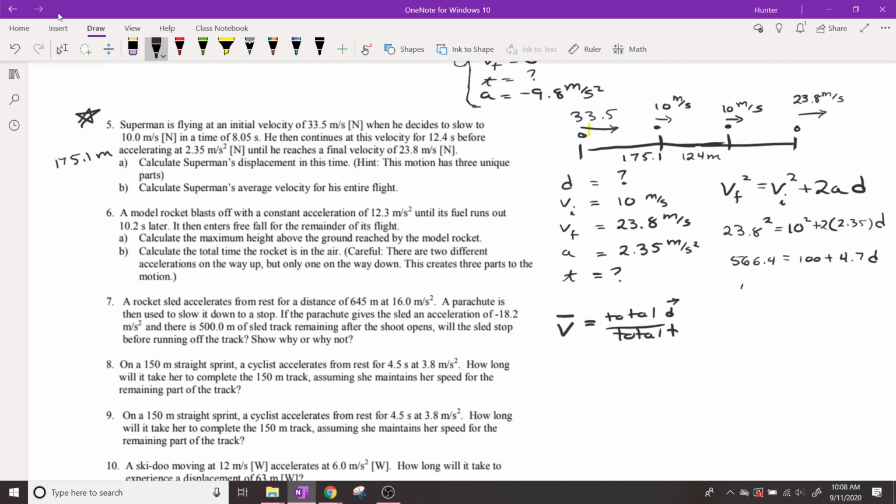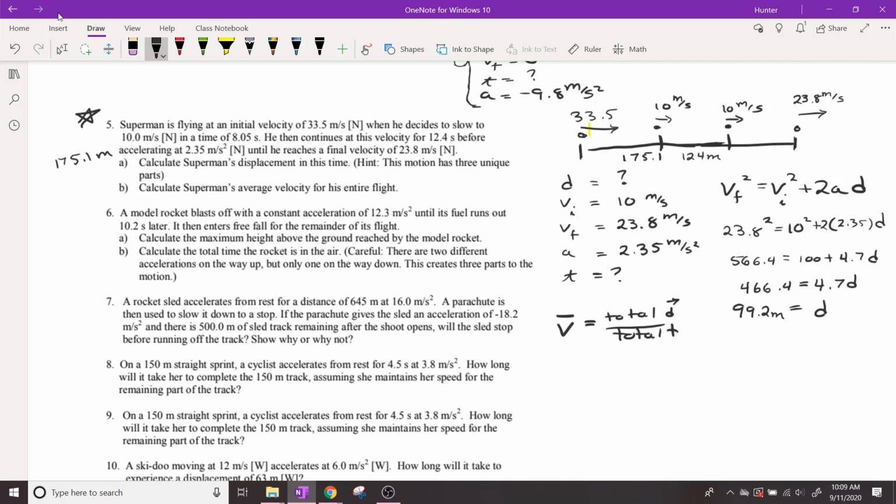Take away 100 on both sides, so 466.4 equals 4.7d. If we were rounding up, these numbers would work out really nicely. 466.4 divided by 4.7. So I got about 99.2 meters.